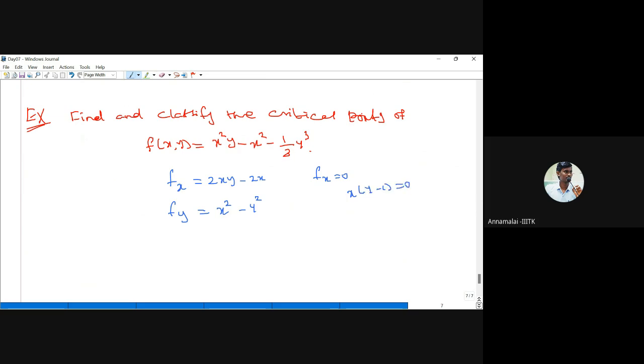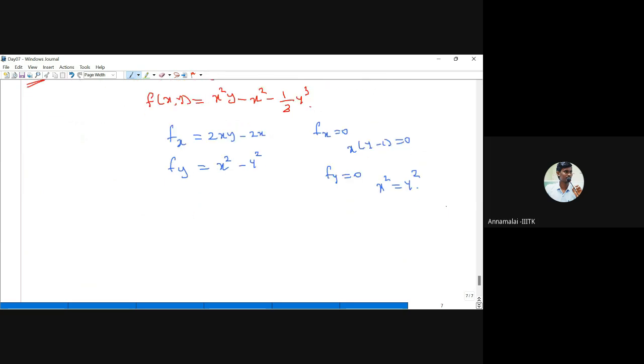If we consider fy equal to 0, we get x square minus y square equal to 0, that is x plus y into x minus y equal to 0. Otherwise, simply say x square equal to y square.